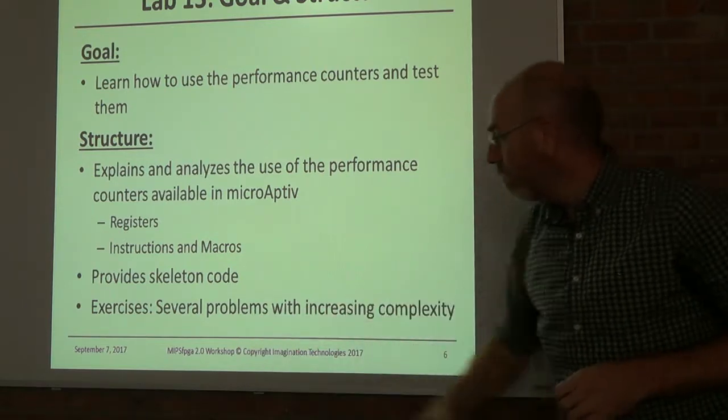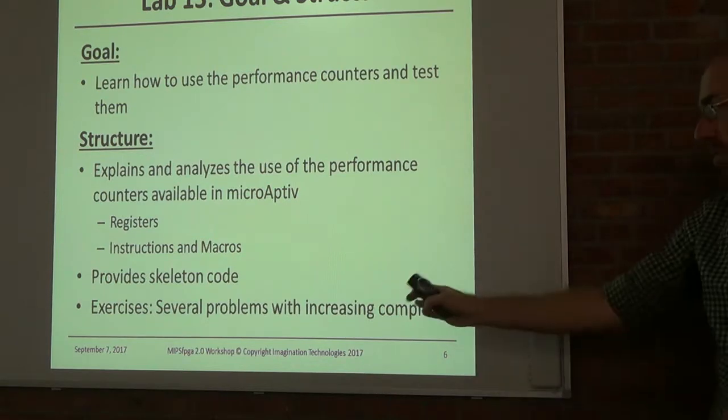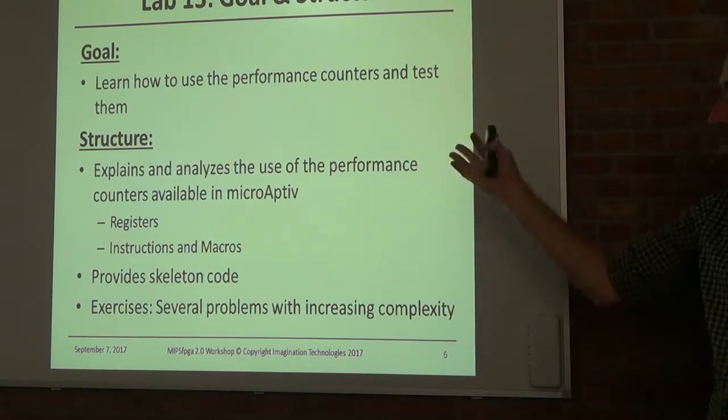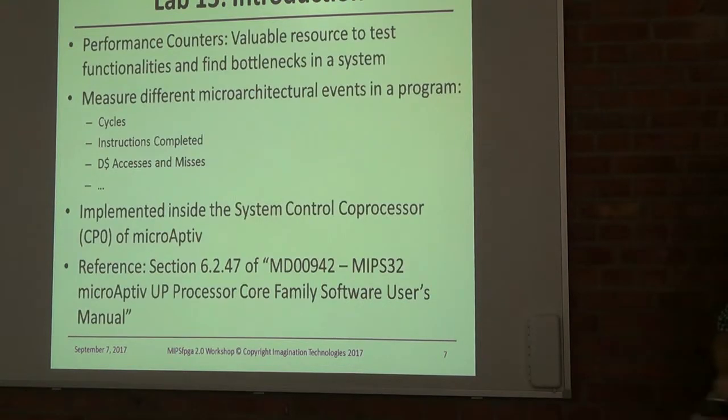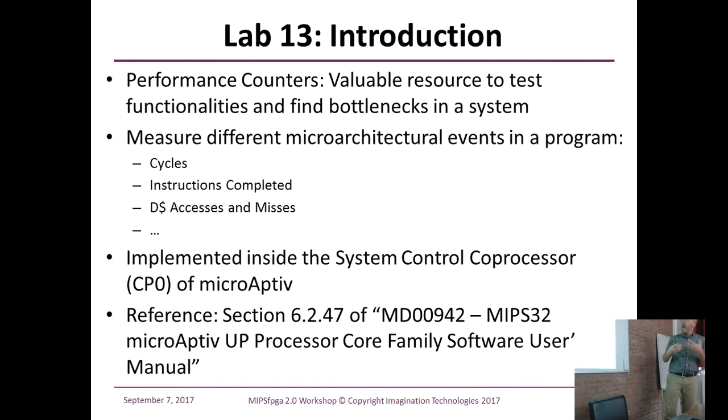And finally, we propose several problems with increasing complexity that use the performance counters. As you know, performance counters allow us to test functionalities and find bottlenecks in a system. We can measure different microarchitectural events, such as cycles, instructions completed, data cache accesses and misses, and many others. And it's implemented inside the system control coprocessor of microAptiv.